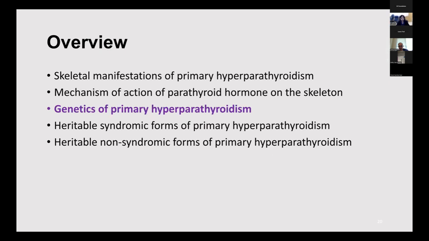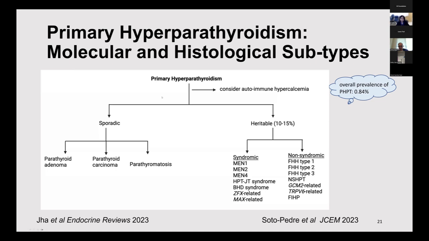Let's change gears a little bit now and move to discussing genetics of primary hyperparathyroidism. We generally think of primary hyperparathyroidism in two buckets. 90% of these patients have what we call sporadic primary hyperparathyroidism. But about 10 to 15% of these patients have what we call heritable forms.